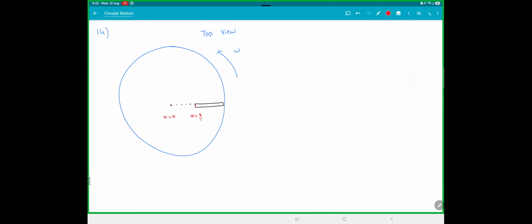This is x equal to r by 2, and this is x equal to r. This is a rod of mass m and length r by 2. And this entire disk is rough. So when the disk is rotating, the side view will look like this.